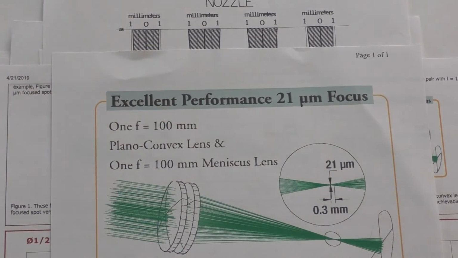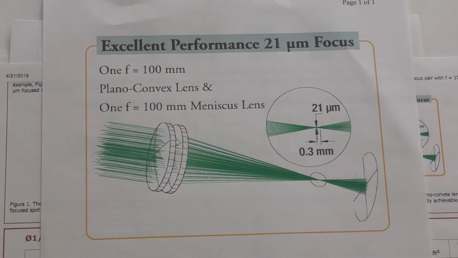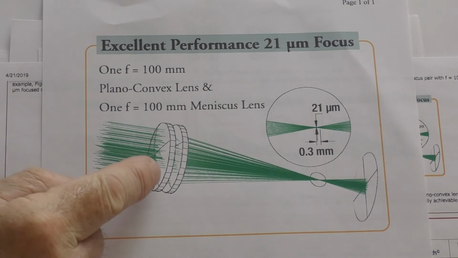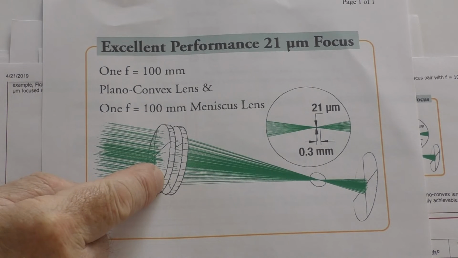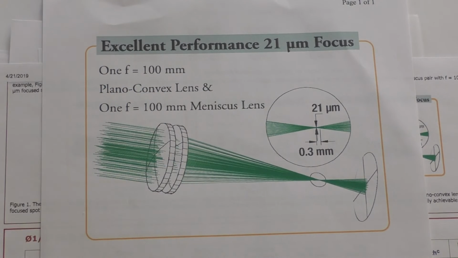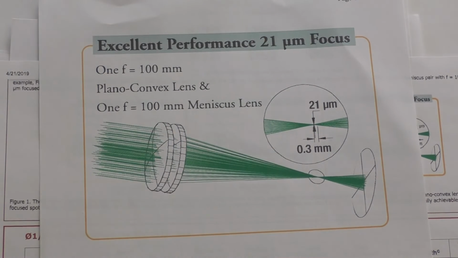Let's just zoom in on that a second and show you what I mean. What they're saying here is, if I put a 4-inch plano convex lens first, and then follow it with a 4-inch meniscus lens second, and shine the beam through it, magic happens and I will get a super fine focus point.